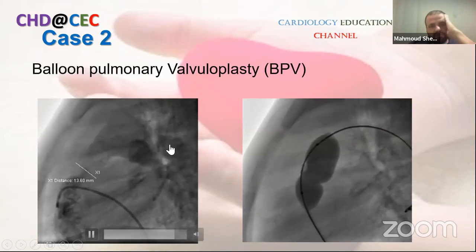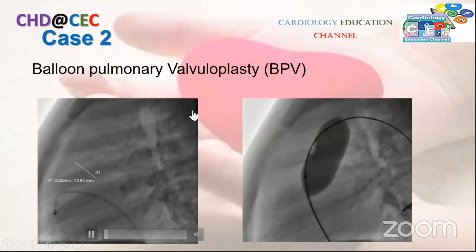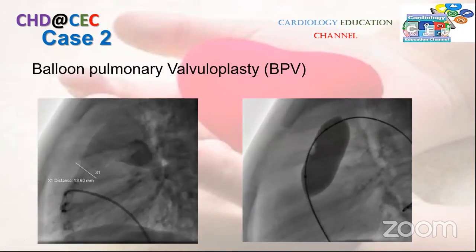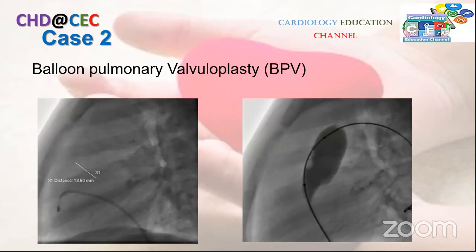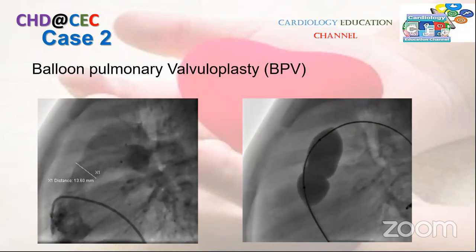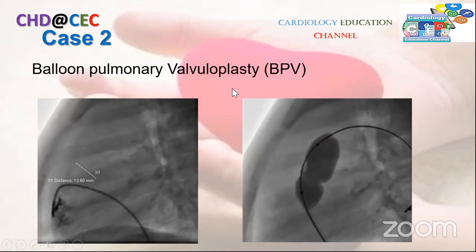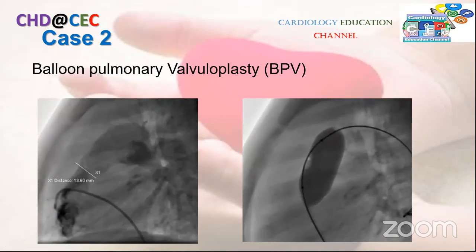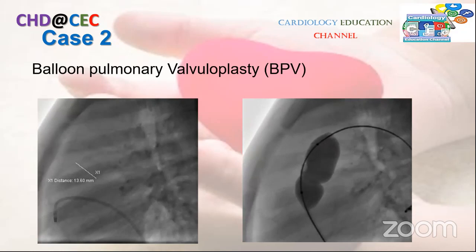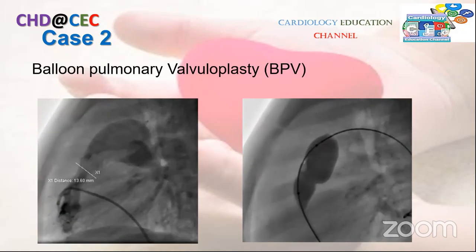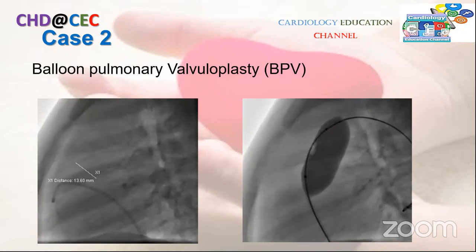So Khalid, your comments. We usually use low pressure balloons. The low pressure balloons, as you just mentioned, have two important features. The first is a lower profile than the high pressure balloons, with a lower incidence of injury to the RVOT and the pulmonary valve.